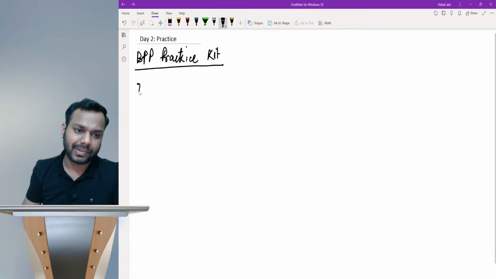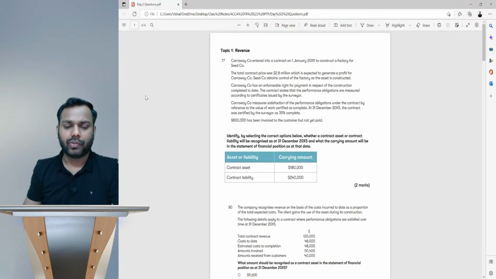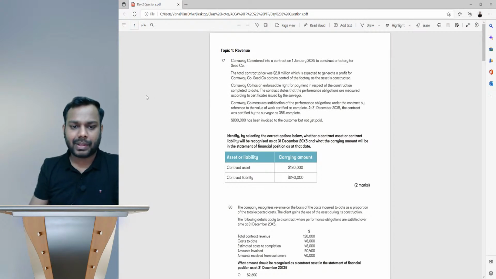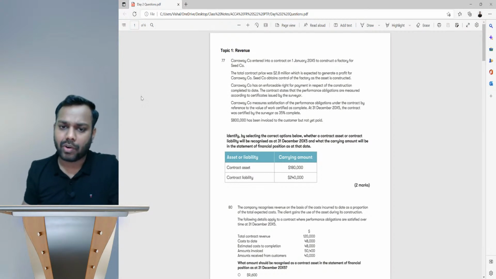Now question number 77. What does the question say? Caraway entered into a contract on 1st January 20x5 to construct a factory for the seed company.